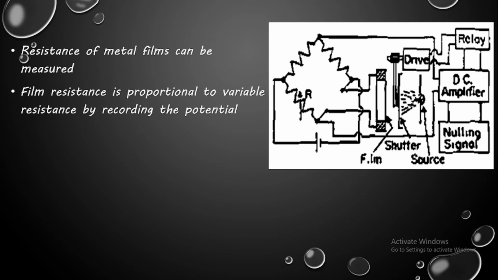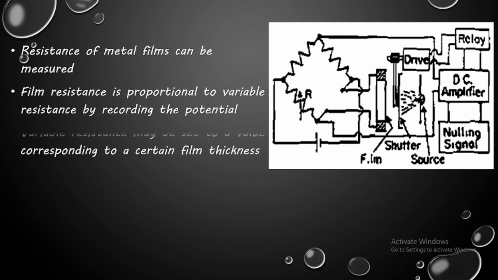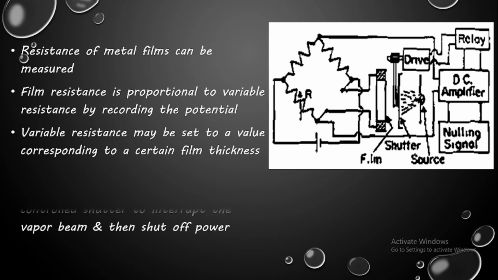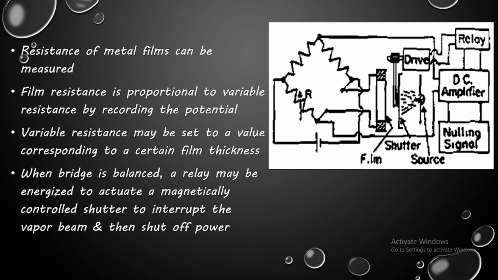Variations of the bridge circuit can be employed for recording resistance changes by changing the value of the ratio arms, and the variable resistance may be set to a value corresponding to a certain film thickness. When the bridge is balanced, a relay may be energized to actuate a magnetically controlled shutter to interrupt the vapor beam, and finally shut off power to the vapor source. So it is simple.